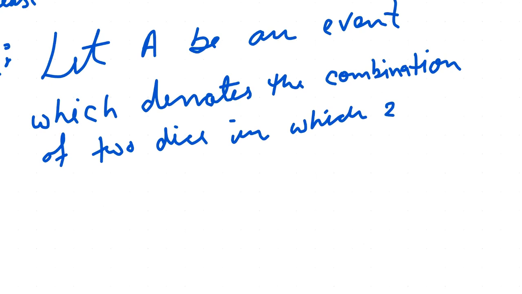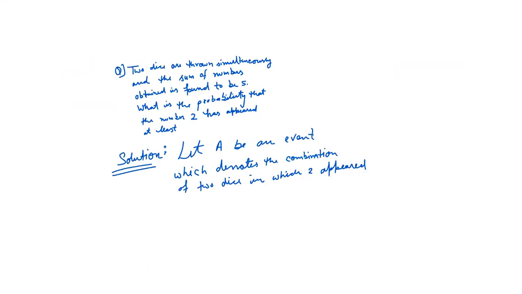Because we need to find the probability of sum 5 when 2 appeared at least once. So this happened already. What is the probability that the number 2 has appeared at least once? Sum is already found to be 5. Sorry, I forgot that. This is the first condition and this is the second.